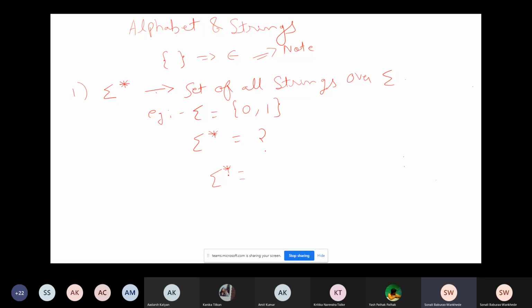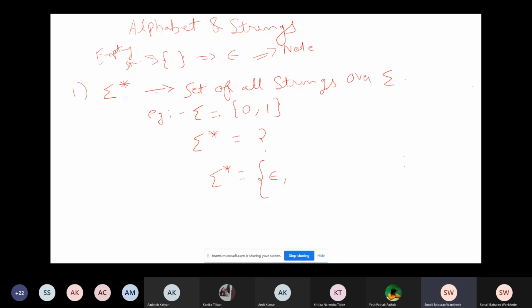Set of all strings, I'm saying. So it also includes an empty string or a null string. And what do we use to represent an empty string? Epsilon. Yes, it's basically the empty string. So we will start writing the values of sigma star. We will have epsilon, comma.